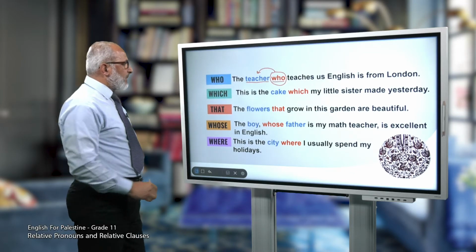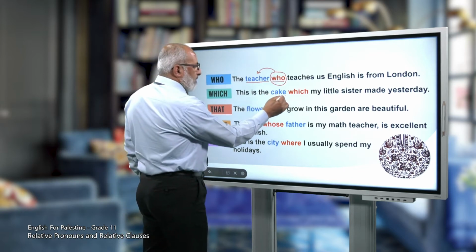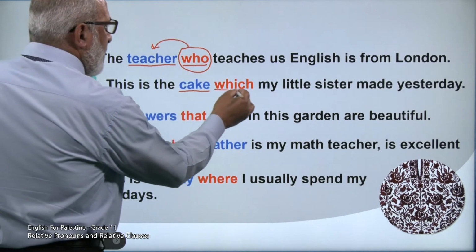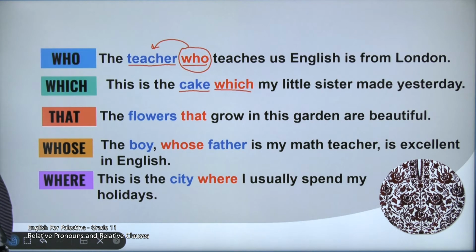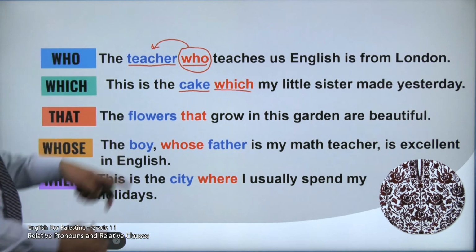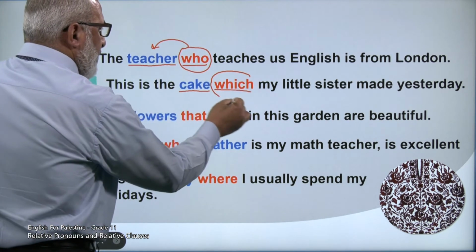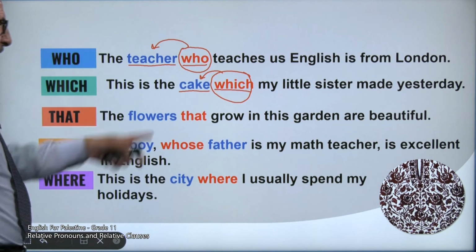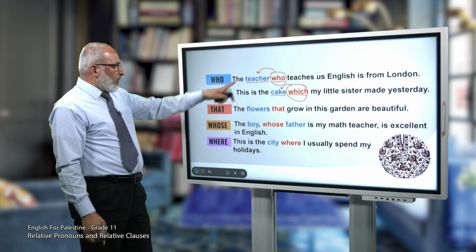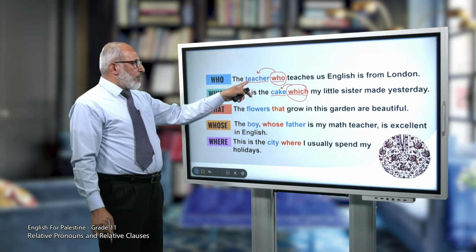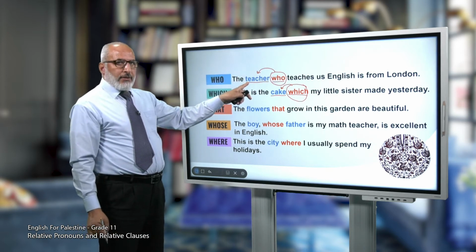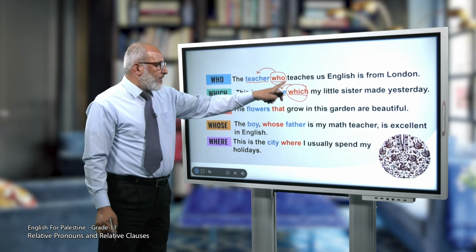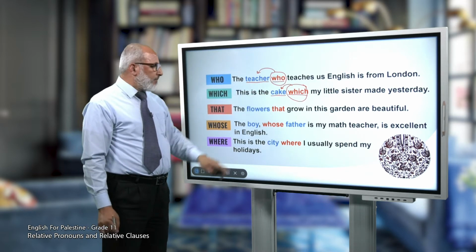Second one, this is the cake which my little sister made yesterday. Again, here we use the pronoun which because it relates back to a thing, cake. Who refers to a person, teacher, which refers to a thing, cake.